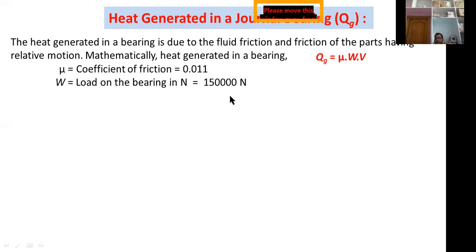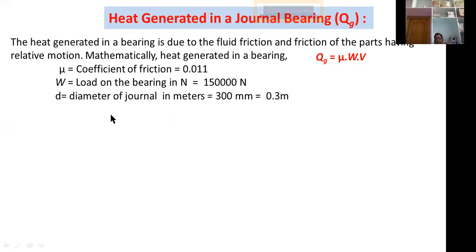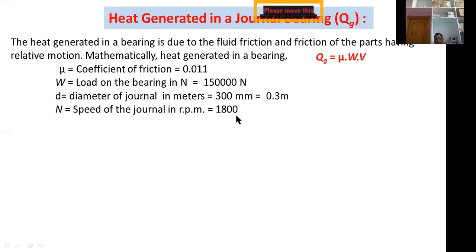And V is the velocity of the shaft. Velocity of the shaft equal to pi D N by 60. Here D is the diameter of the shaft, equal to 300 mm, that is 0.3 meters, and N, the speed of the shaft, is equal to 1800 rpm.